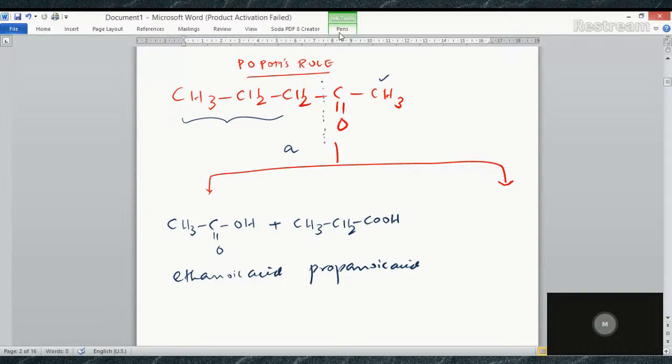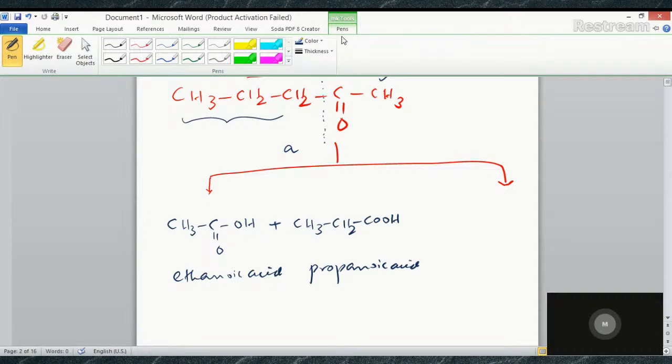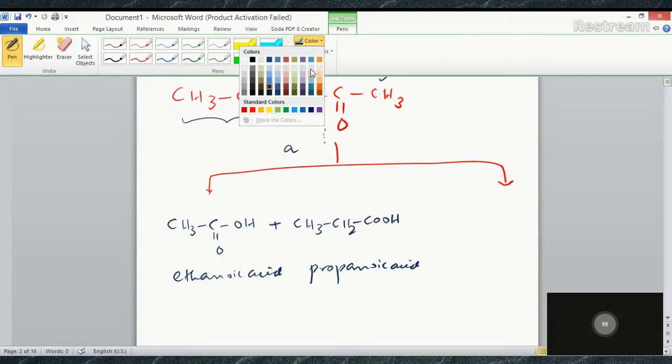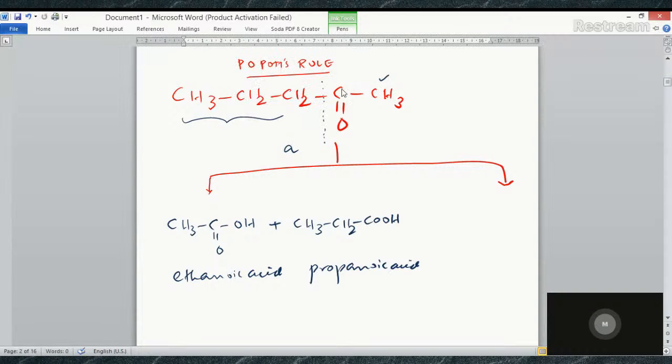In addition to that, we can have one more type of product. The other pattern would be B-type cleavage. See the B-type cleavage. Now the C=O is moving along with the higher alkyl group.